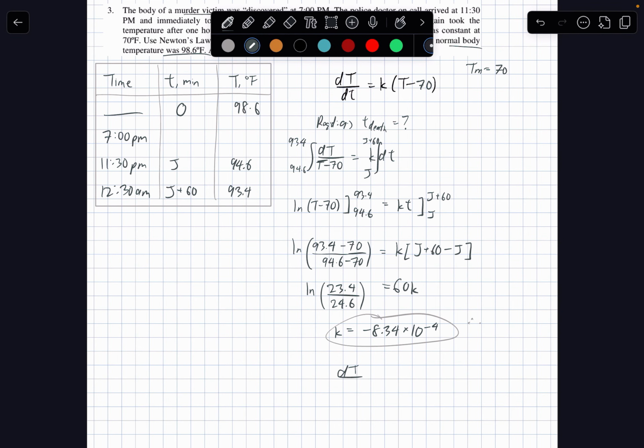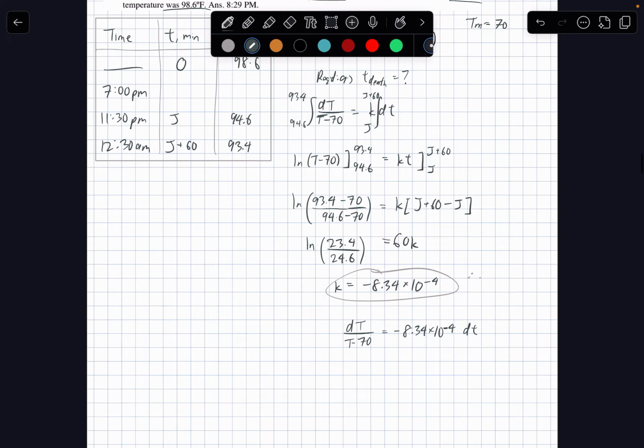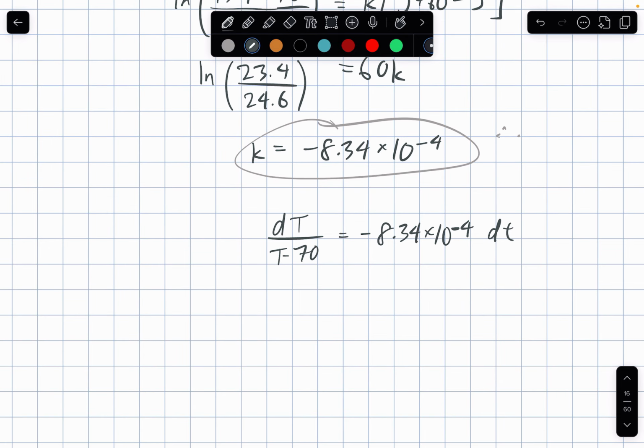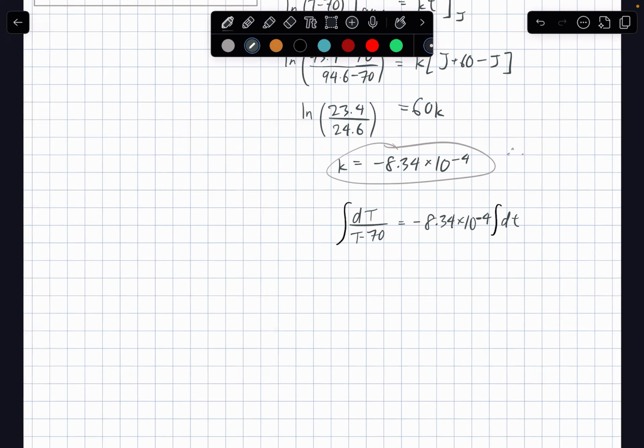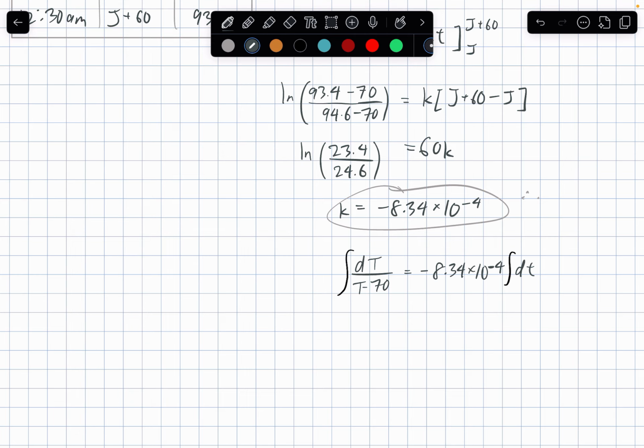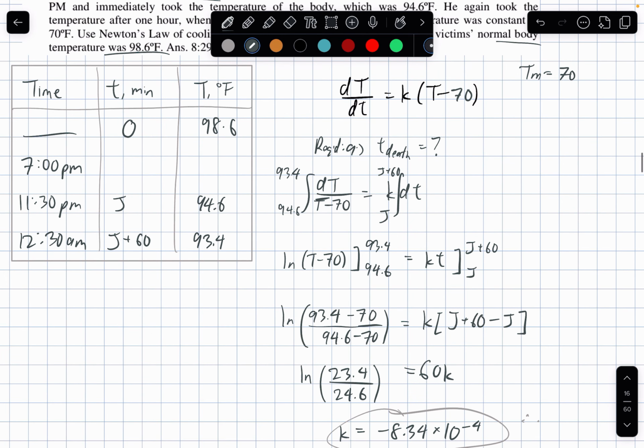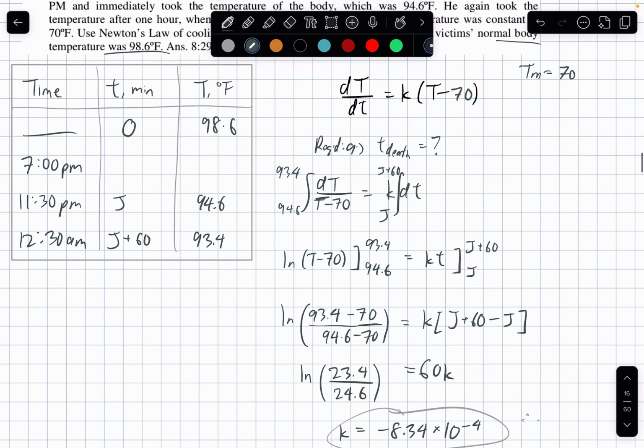Replace back to our original equation. Alright, we were able to find k. And then I want to choose this and this. It's either this and this or this and this.